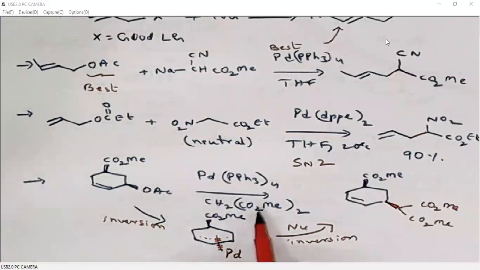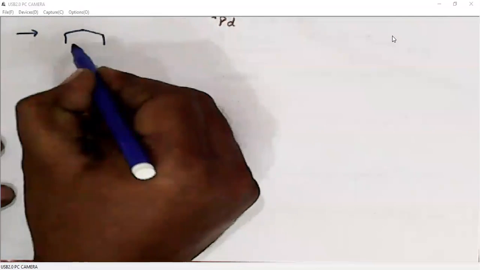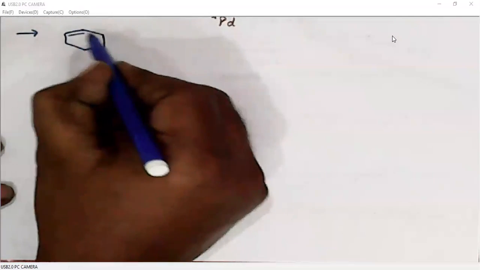Then when the nucleophile approaches this molecule, it obviously approaches from the plane opposite to palladium. So again we will observe inversion of configuration. So double inversion leads to retention of configuration. So the Trost-Tsuji coupling reaction will lead to retention of configuration.